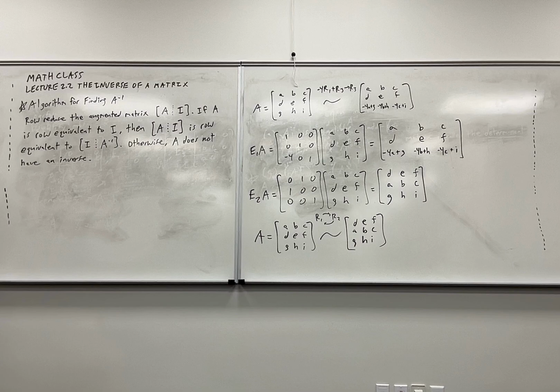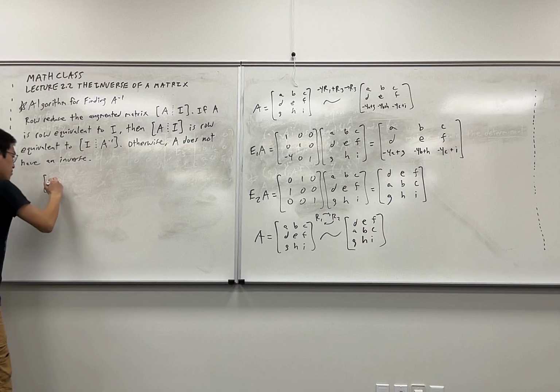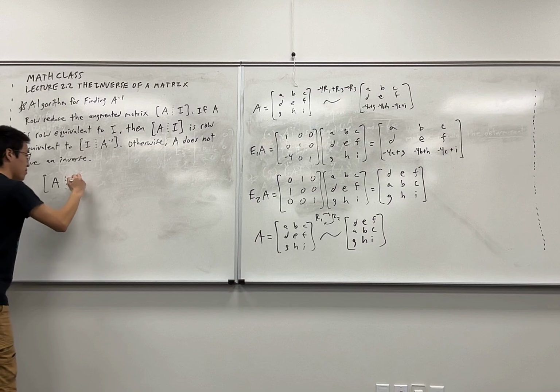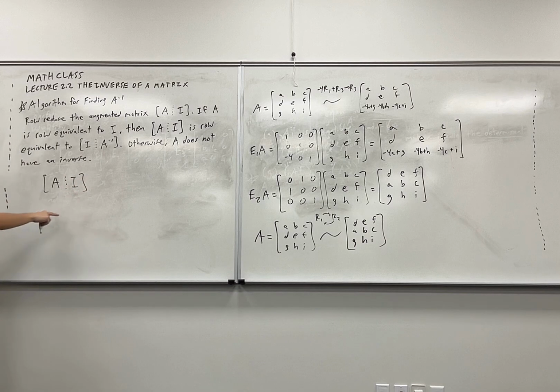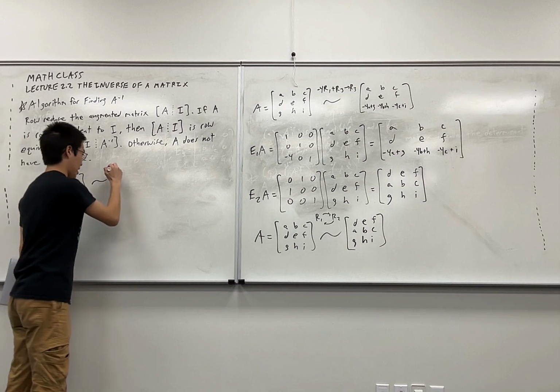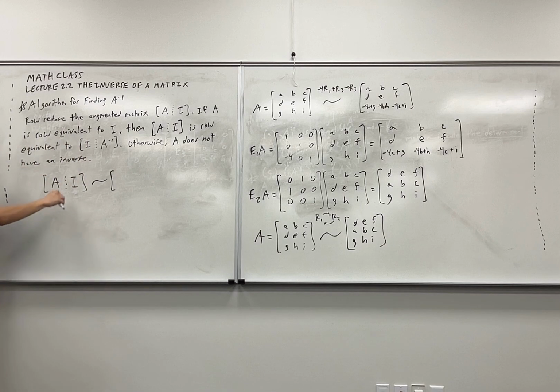Okay, what does this mean? That means if I take my matrix A, what's happening over here is this is the matrix that I'm trying to undo. And this identity starter is going to keep track of all of the footprints of how to undo this. So every single time I make a row operation, that row operation, which we know can be undone on identity, is being kept track of.